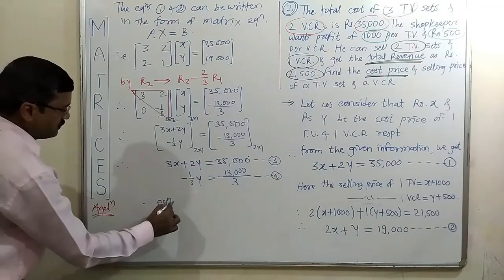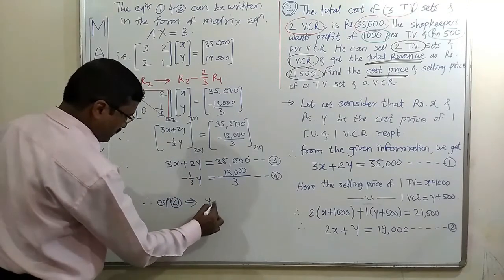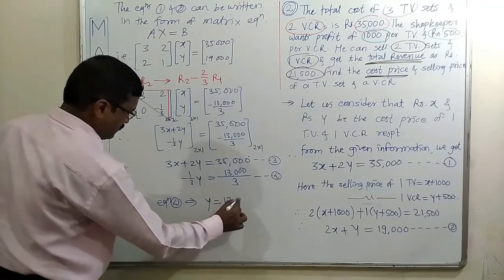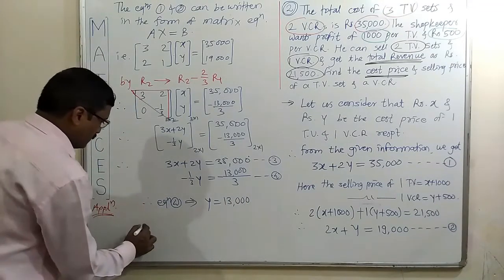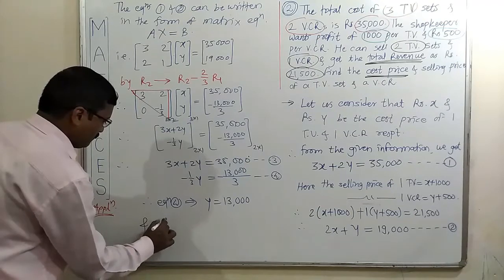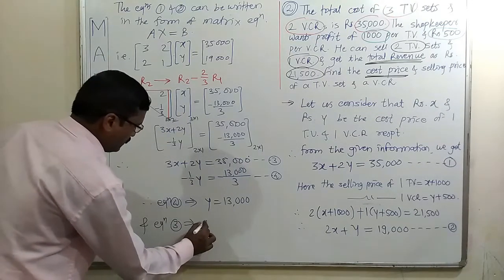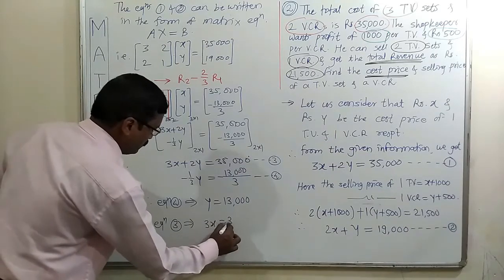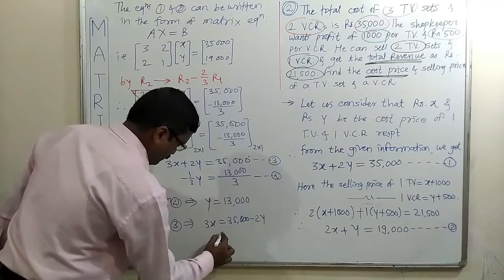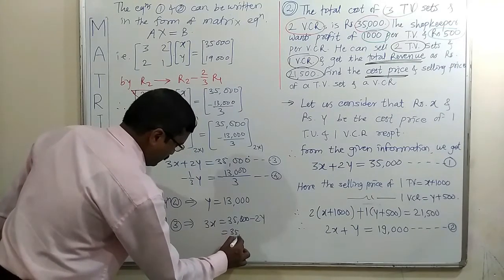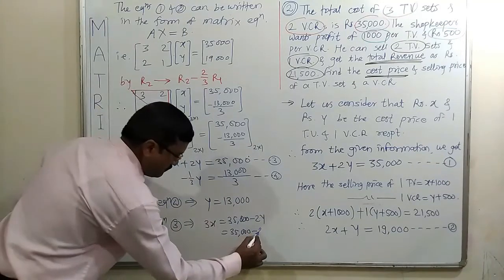Therefore equation 4 gives us the value of y, that is y is equal to 13,000, and using equation 3, 3x equal to 35,000 minus 2y, 2y will be 26,000.